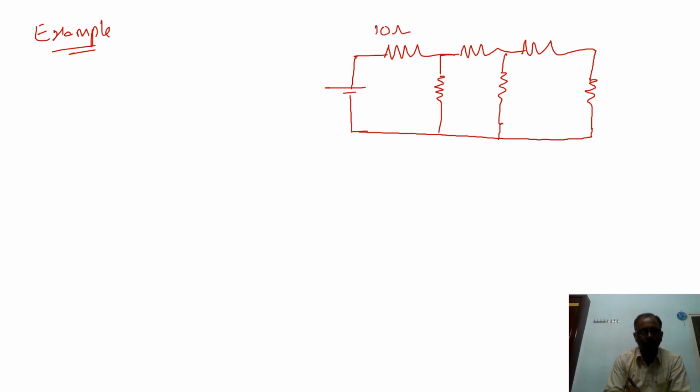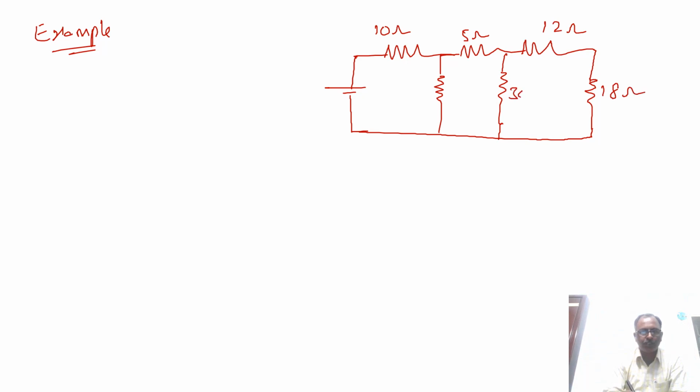Let it be 10 ohms, it is 5 ohms, it is 12 ohms, it is 18 ohms, it is 30, and it is 20 ohms. It is excited with 400 volts.